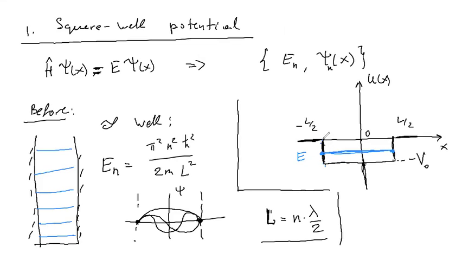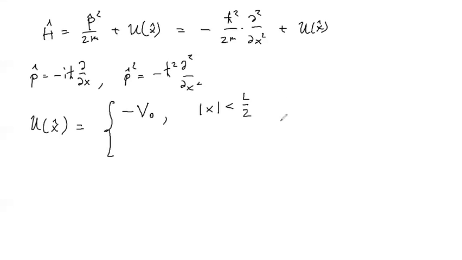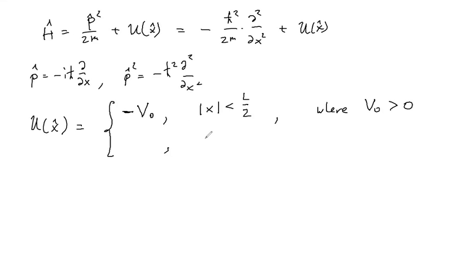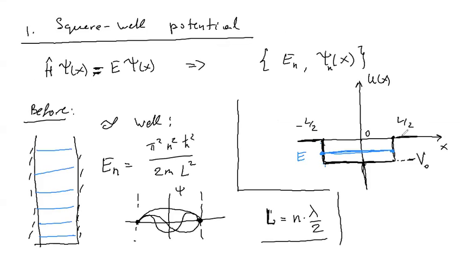So if I am between minus L over 2 and plus L over 2, my potential energy is minus V naught, and V naught is positive. The negative sign just reflects that this is below 0. Then outside of my square well potential, what will be the potential energy if I go outside? It should be 0.